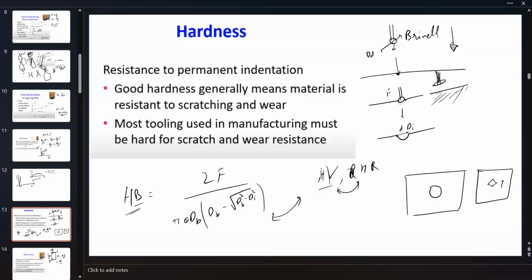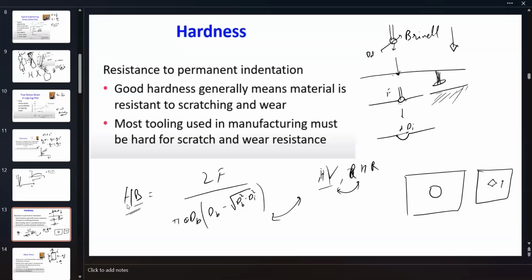And then there are different methods. There's Brinell hardness or Vickers hardness. That depends on the indent diameter of the indenter. We have the diameter of the indenter, D, and your dent diameter, d.